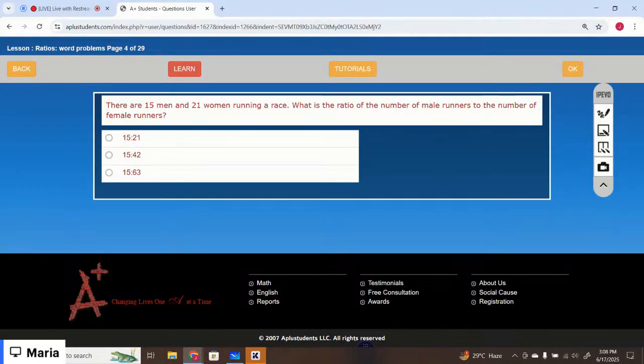There are 15 men and 21 women running a race. What is the ratio of the number of male runners to the number of female runners?